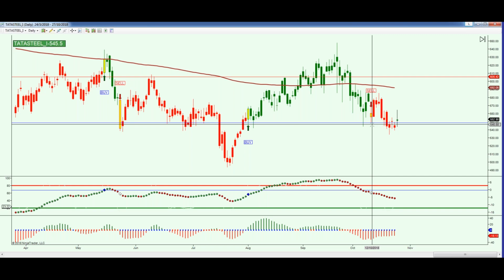We have a sell in SAIL, where 70.50 is the entry and the current price is 63.35. We have a sell in Jindal Steel. The entry is 185, currently it is at 161. Hindustan Zinc, we have a sell call at 276, and now it is at 271.35. So overall the pack is negative.